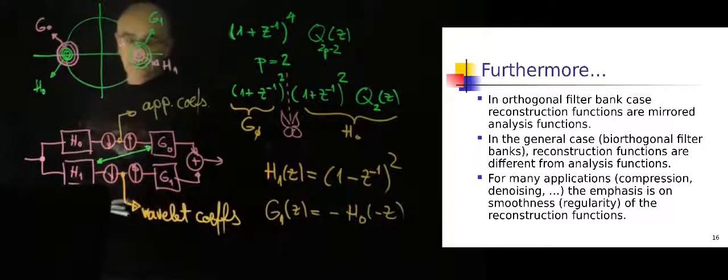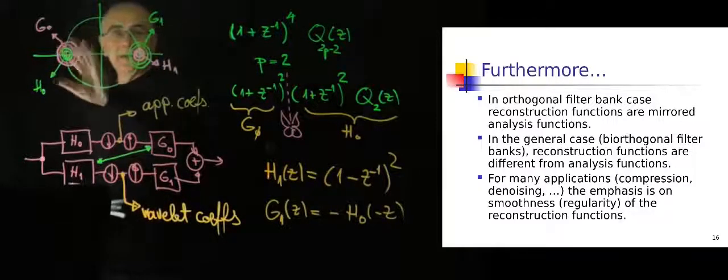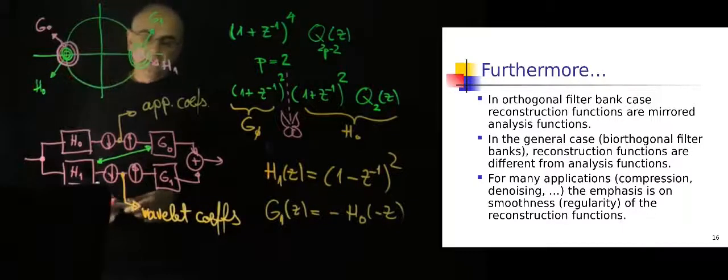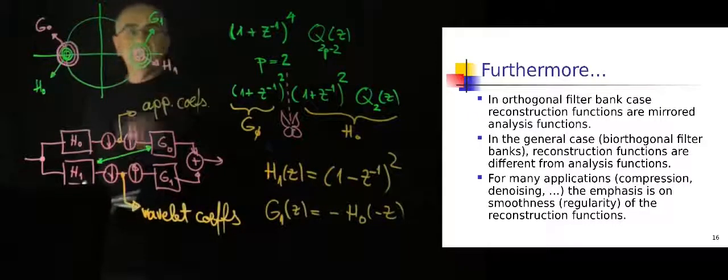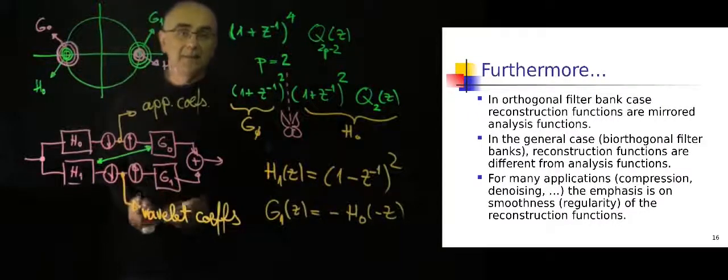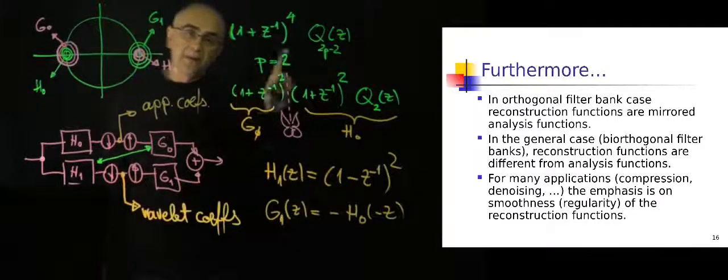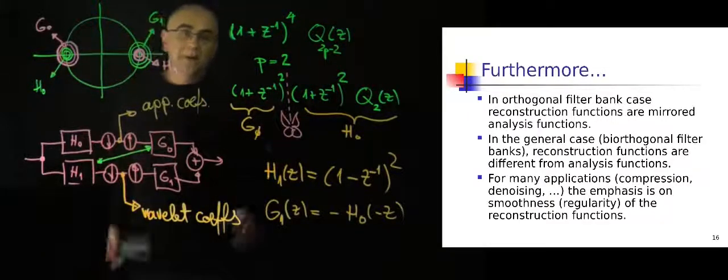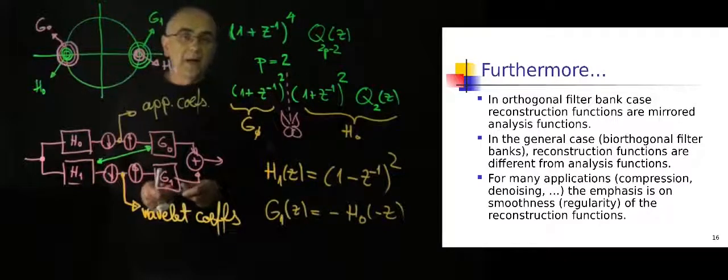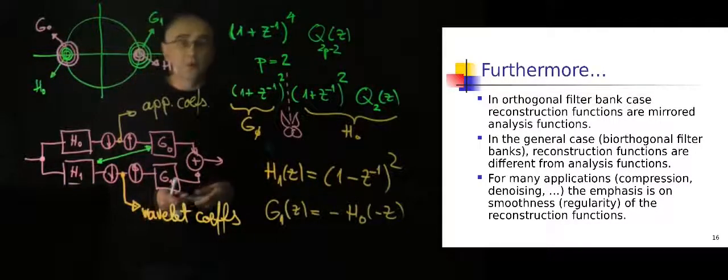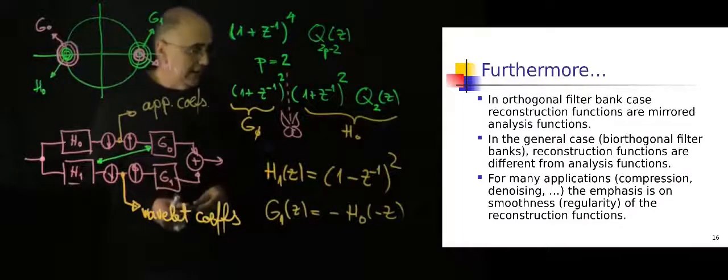Of course, in the low pass branch, zeros are set on the Nyquist frequency, while in the high pass branch, zeros are actually situated at the DC frequency. It's going to be very important when we will discuss the properties of wavelets, and when we finally realize why that kind of transform is good for analysis of real-world signals. So we'll come to that fact again.